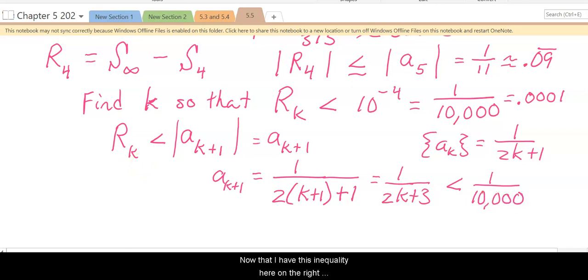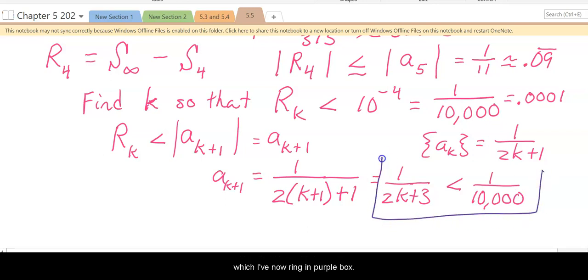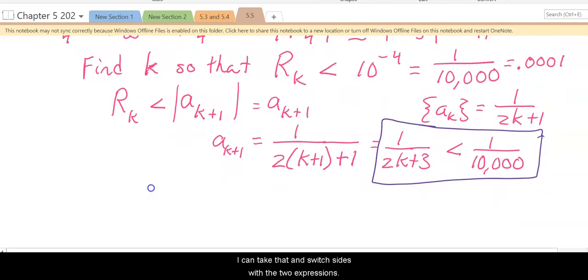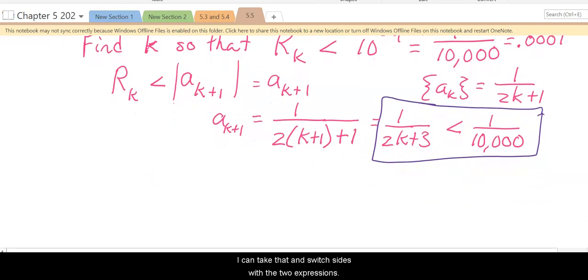Now that I have this inequality here on the right, which I've now ringed in a purple box, I can take that and switch sides with the two expressions. I know that 2k plus 3 is positive for k greater than or equal to 0, and I know that 10,000 is positive, so it will not reverse the inequality to switch sides.